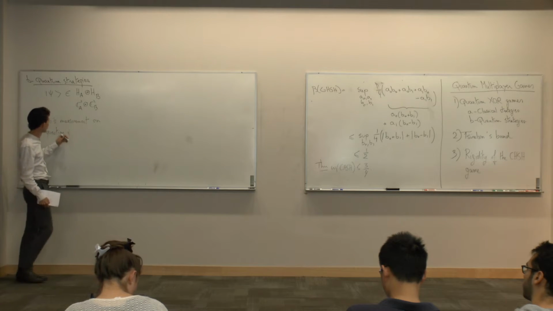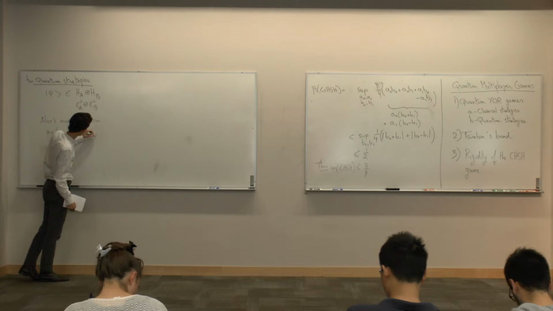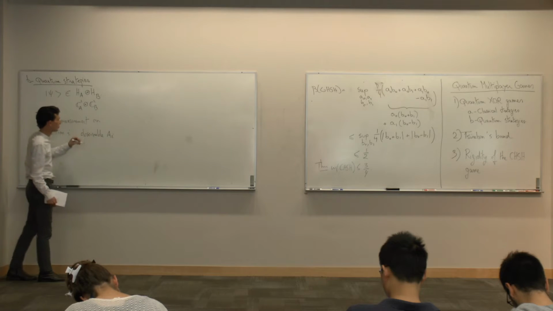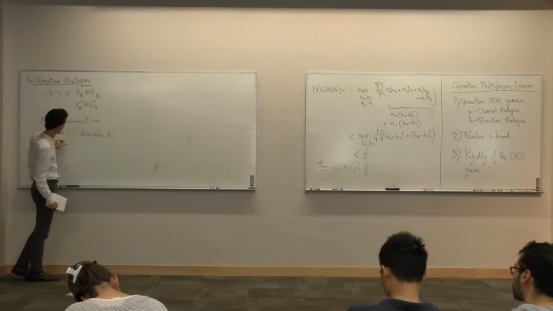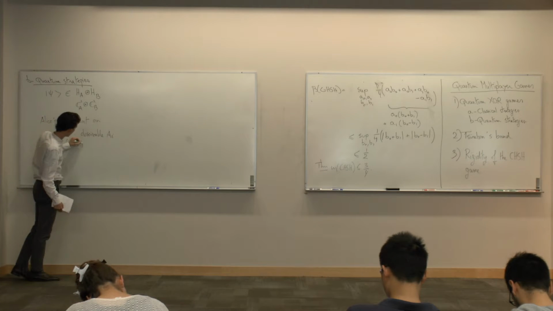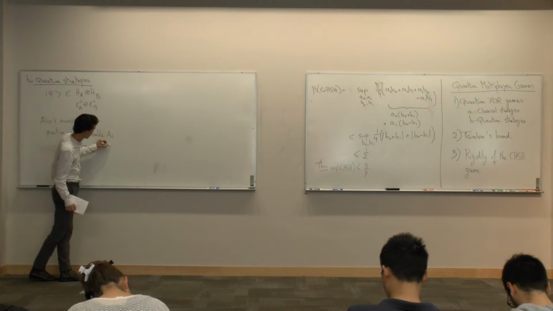So Alice's measurement in question I is just going to be an observable A_I. Just to remind you, an observable is a Hermitian matrix with eigenvalues ±1, right?